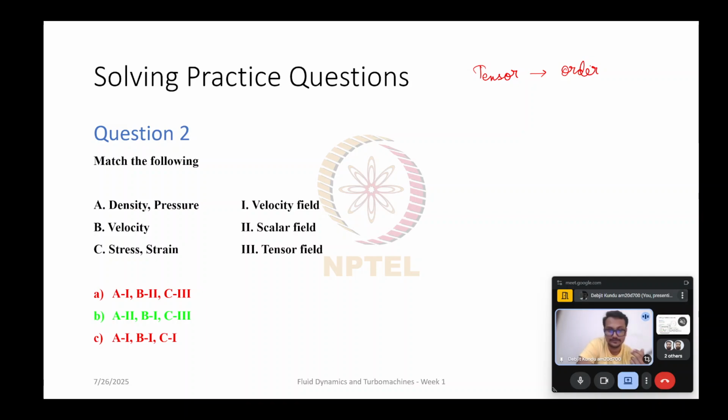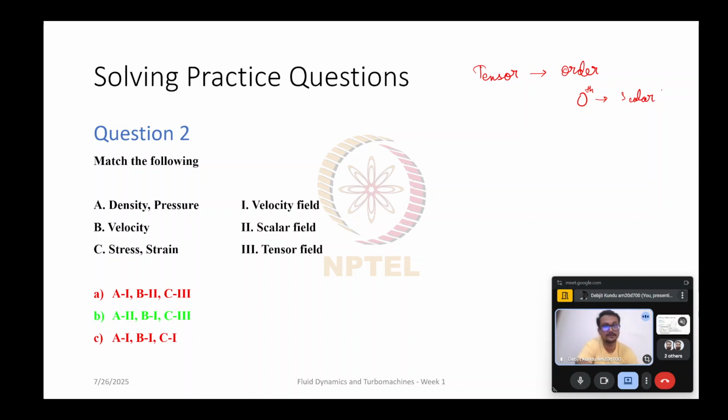So if it comes to scalars, only one number can accurately describe what a scalar is. So scalars are basically tensors of the zeroth order.